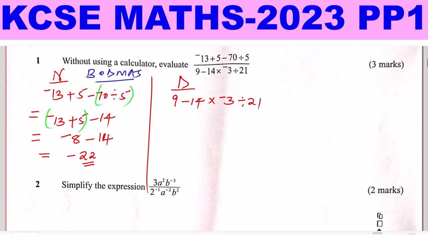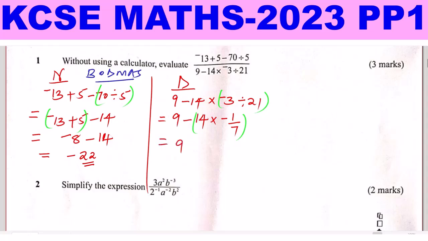According to the law of BODMAS, the first operation should be division. So we have 9 subtract 14 multiplied by negative 3 divided by 21, which will give negative 1 over 7. Now we have subtraction and multiplication. Multiplication should come first.